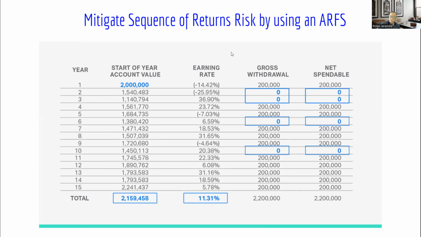There's a bunch of different pundits out there that give it a different name. I just call it your alternative retirement funding source for short, just so you'll have a place to take money from that has to live by certain rules or parameters or characteristics. And here they are.